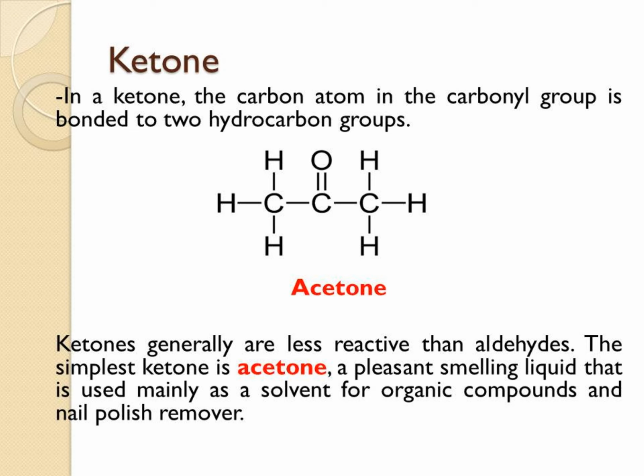So this ketone is called acetone. Ketones generally are less reactive than aldehydes. The simplest ketone is acetone, a pleasant-smelling liquid that is used mainly as a solvent for organic compounds and nail polish remover.